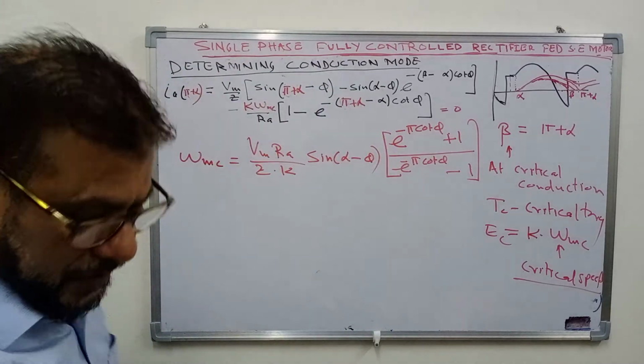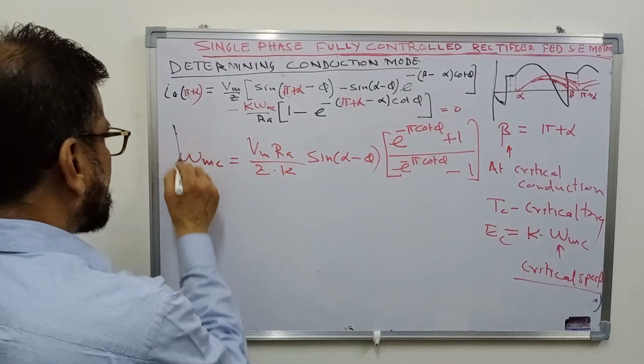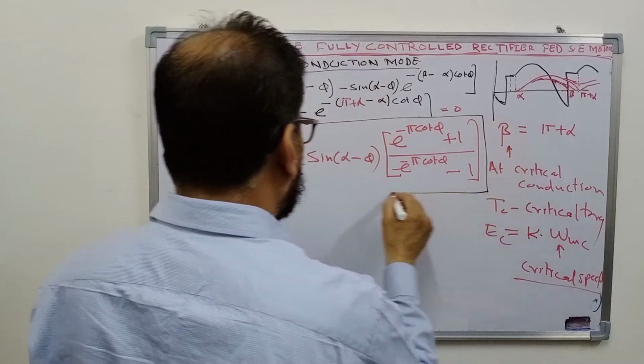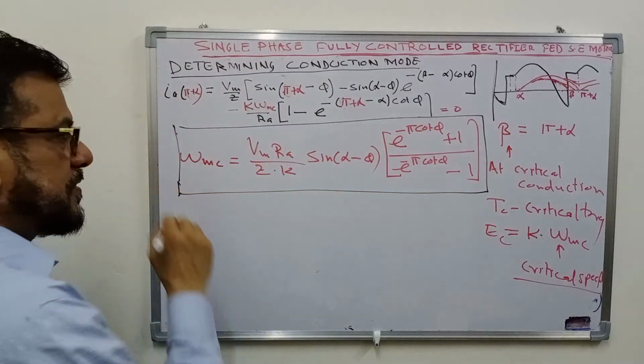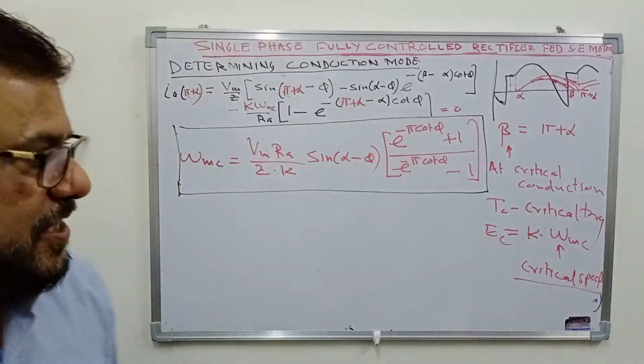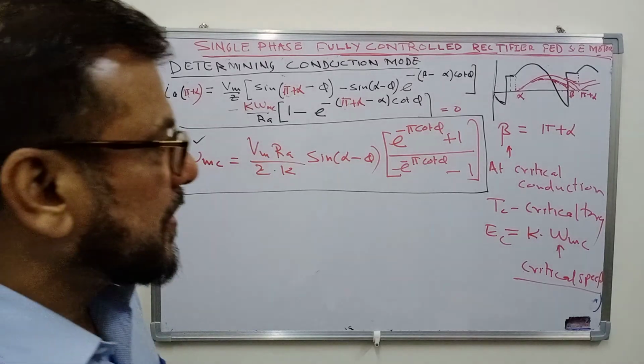So this is the speed at which conduction is just going to change from continuous to discontinuous conduction mode. So this is the expression for omega mc, the critical speed.